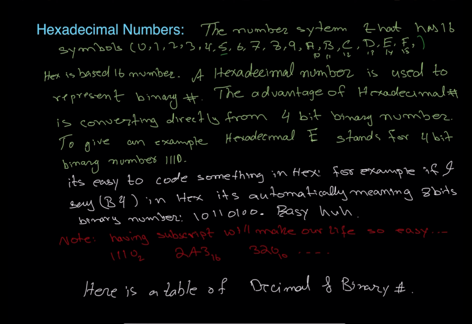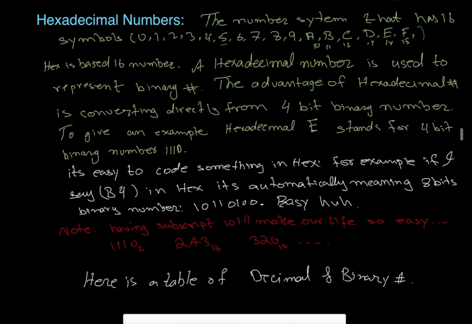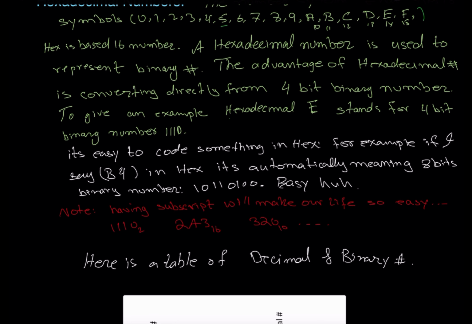The advantage of hexadecimal is converting directly from the 4-bit binary number system. Any number that we see in this flowchart from 0 to F, each number contains 4 bits of binary number. For example, hexadecimal E stands for the 4-bit binary number 1110.